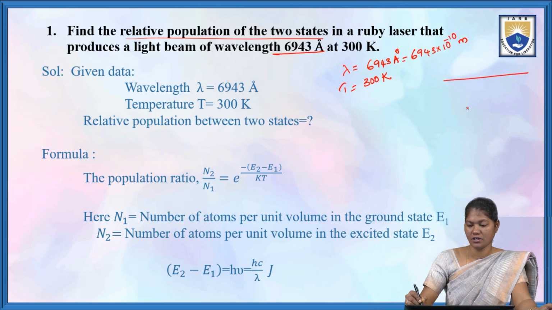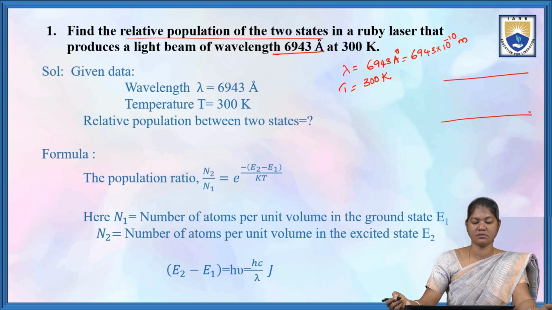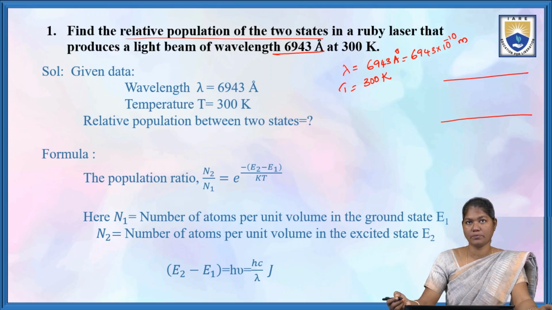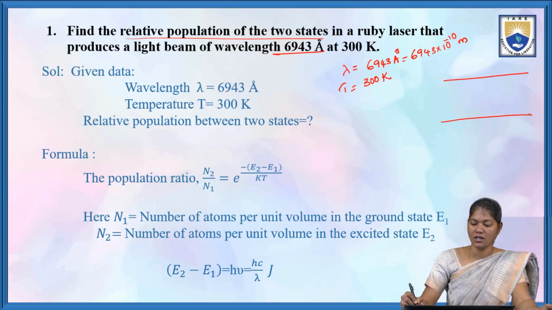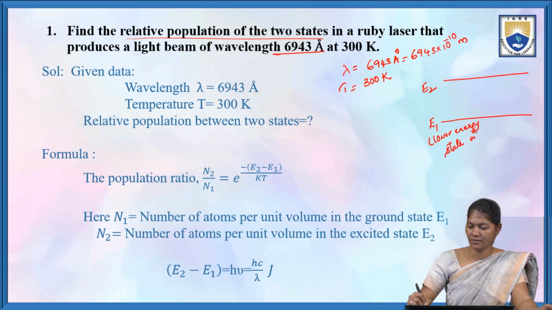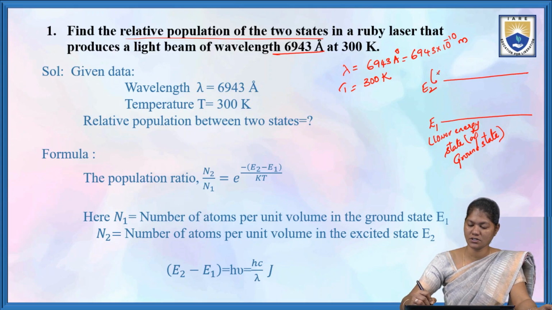Suppose in this problem we need to find the relative population of the two states. So let us assume that E1 is the lower energy state, that is the ground state, and E2 is the excited energy state.